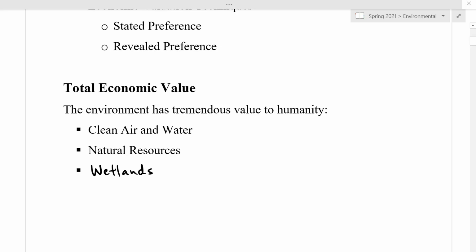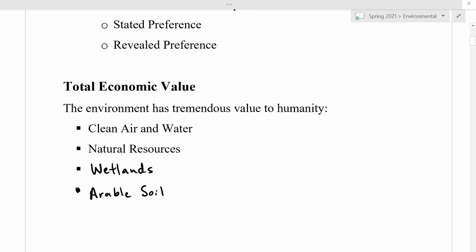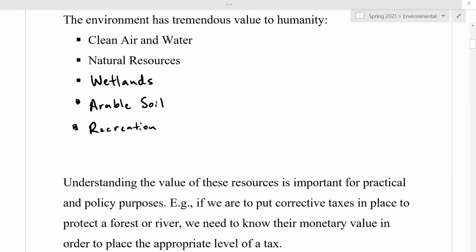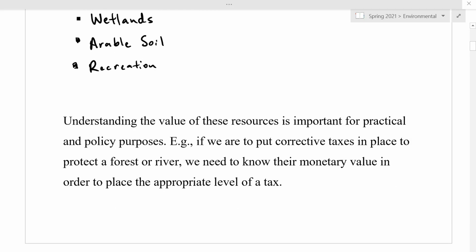Wetlands are extremely valuable. We have arable soil that allows us to grow food, and then outdoor recreation, among many other possibilities. So a whole bunch of valuable environmental resources, and they all have value in different ways.